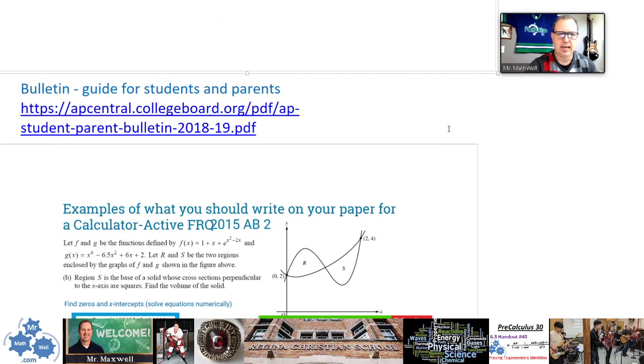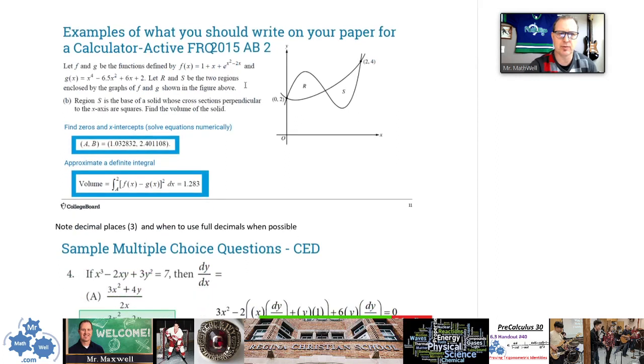Okay. Yeah, let me see what else from this. So this was another screenshot that I took from this webinar. It was excellent, by the way. And here's some examples of a few things that we had just talked about, actually. So this is an example of a free response question, right? And in this question, they give you the intersection points of (0, 2) and (2, 4), but they don't give you this intersection point.